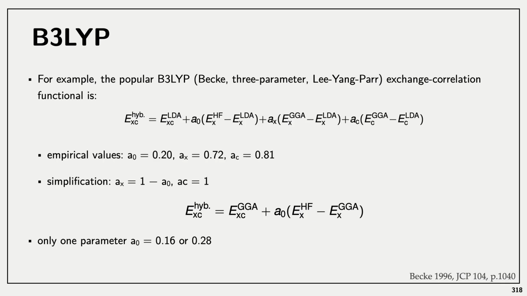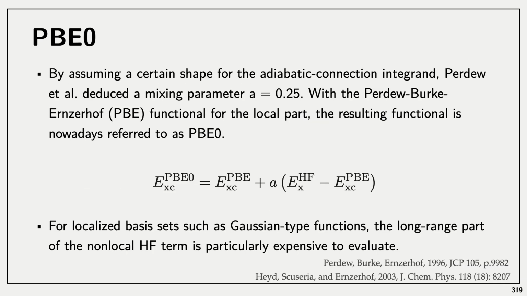And just as we have discussed before, the other train of thought, if you will, is to, instead of using a large and diverse database of molecules to find the parameters, focus on obeying the constraints. This is more the Perdew school of thought for exchange correlation functionals.